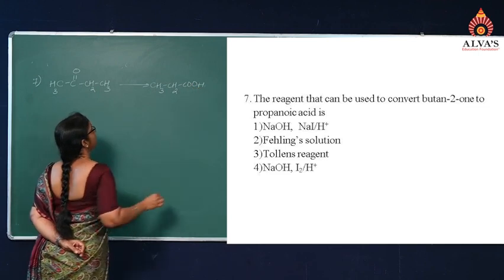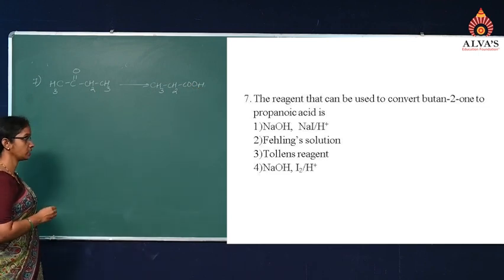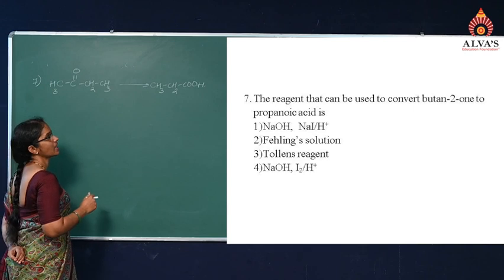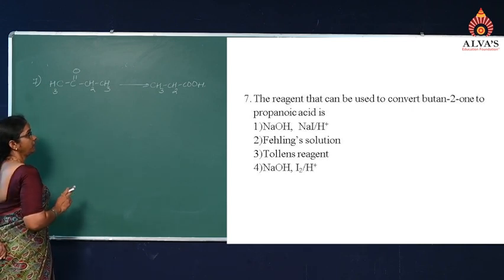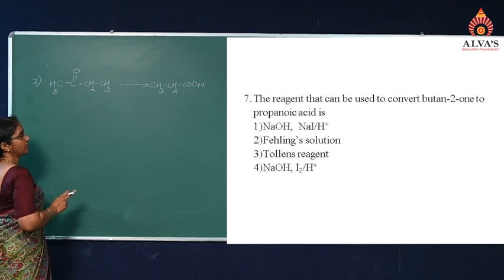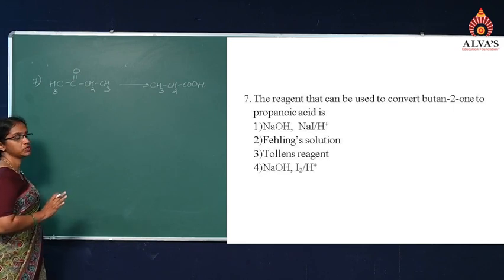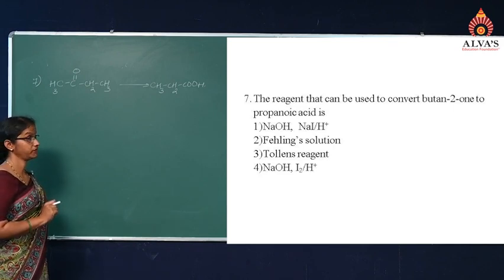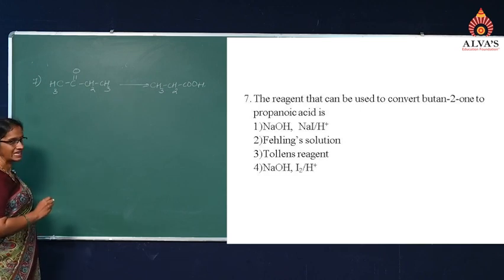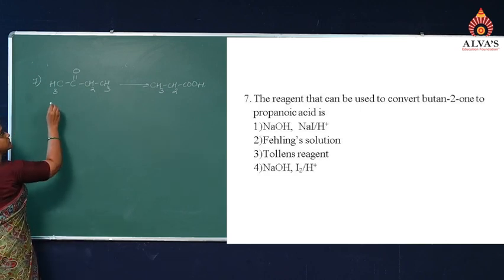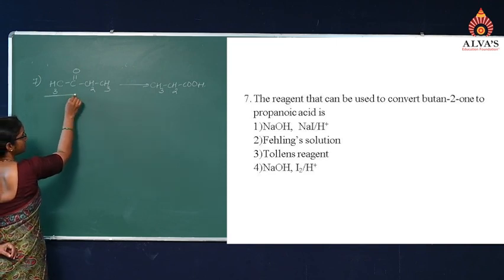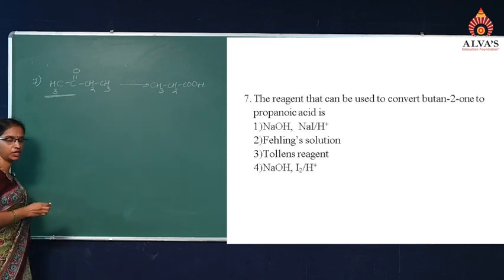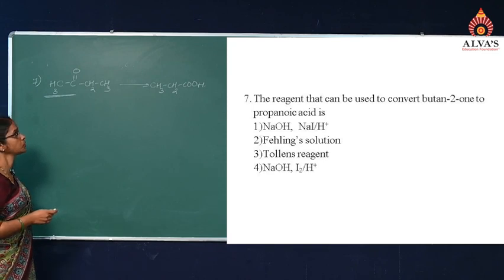If you observe the molecules, we find that the product has 1 carbon atom less. That means it's a step down reaction. And we are finding out that C double bond O has been oxidized to COOH. If you observe the reaction carefully, the situation is very close to a haloform reaction, and here we have a CH3 group directly attached to C double bond O, which can undergo haloform reaction.